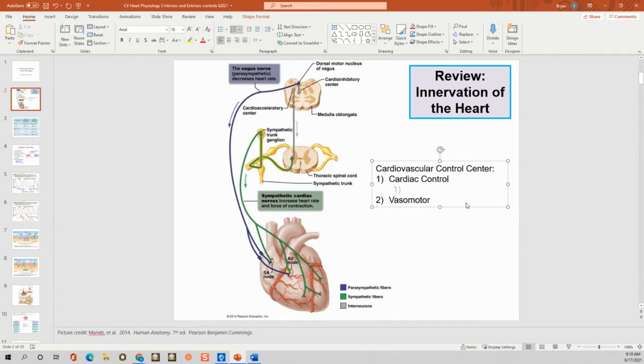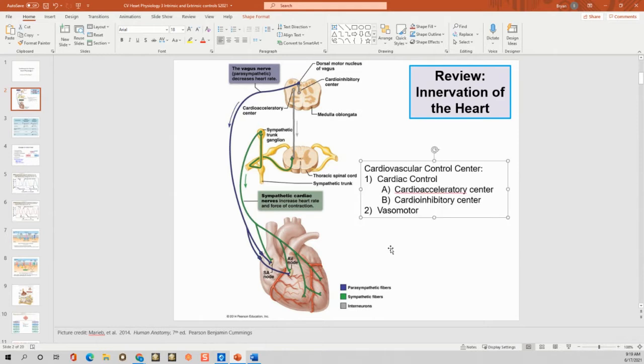Cardiac control can either be excitatory or inhibitory. So we have a cardioacceleratory center, and we have a cardioinhibitory center.